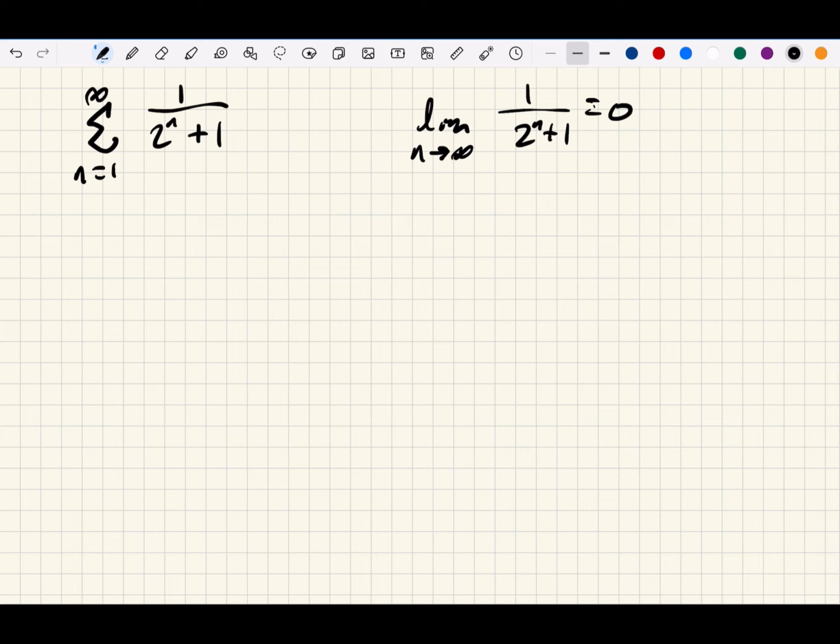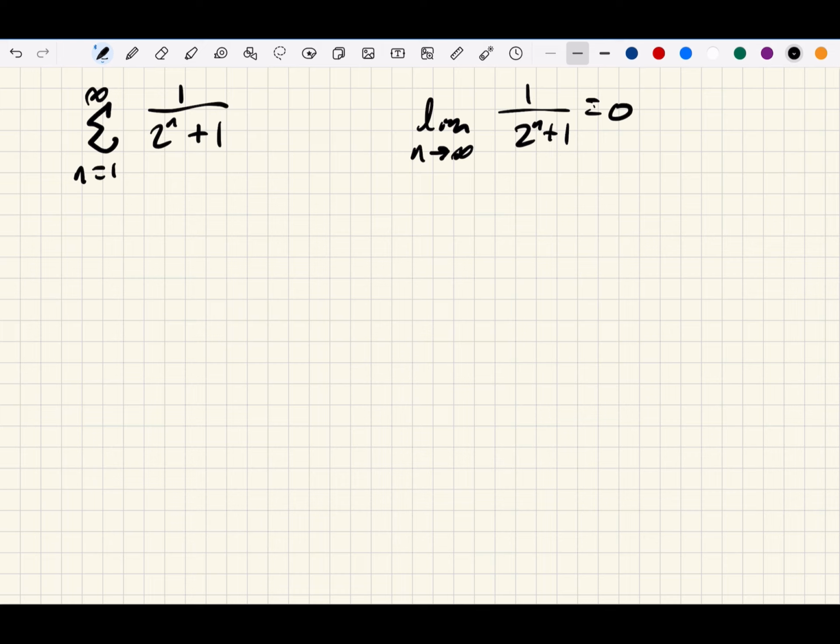Okay, but what do I think about the terms of that series? Do I have a suspicion about whether or not that thing converges or diverges? Well, I kind of think that it converges.